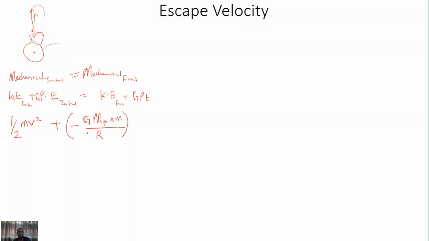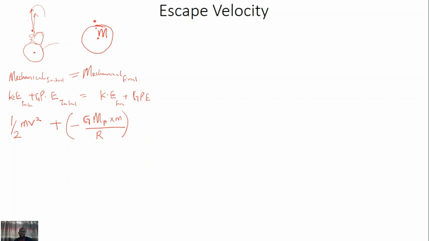Okay, so let me explain what this is. Let's say someone is on the surface of the earth and you want to determine the escape velocity. You need to know the mass of the earth, and the mass of the body that you want to throw to escape the gravitational field of the planetary body you are determining, in this case the earth.